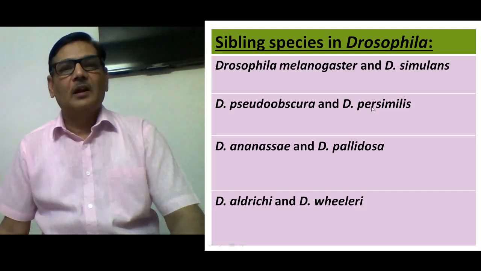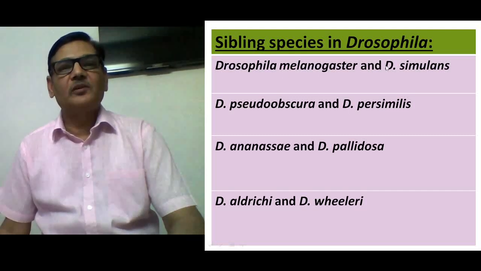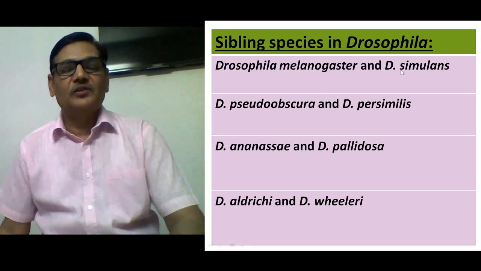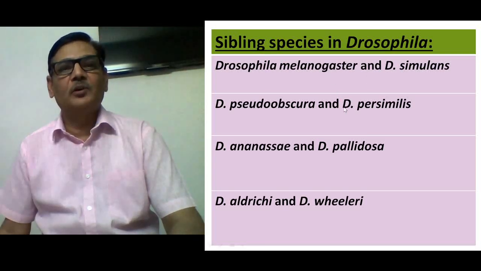So since at gross level the members of two species look similar to each other, they are considered sibling species, but since they have developed pre-mating or post-mating reproductive isolation among them, they are reproductively isolated. In some cases, like Drosophila ananassae and pallidosa, mating may occur, and they may produce offspring which may even be fertile. But they remain in two different habitats, and they remain quite separated from each other.